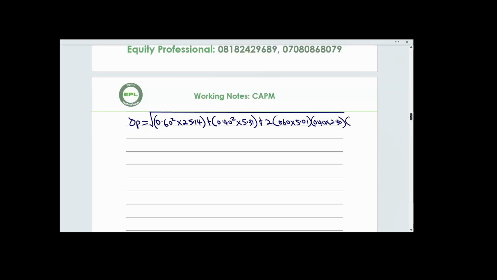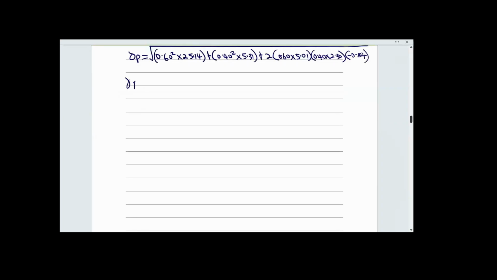Then the correlation coefficient we calculated, minus 0.84. So that's that. You can see it's not difficult. Just know what you are doing.